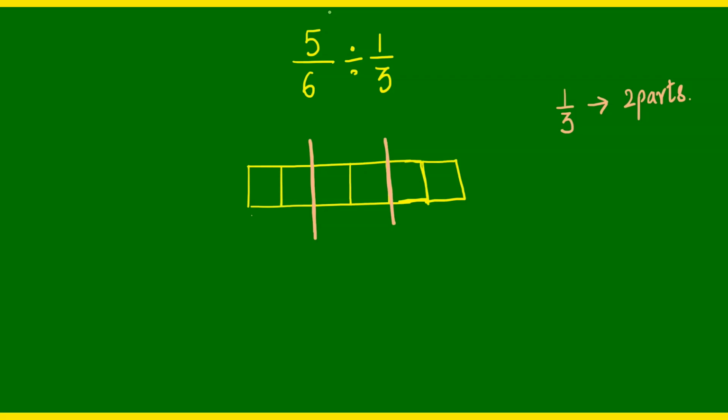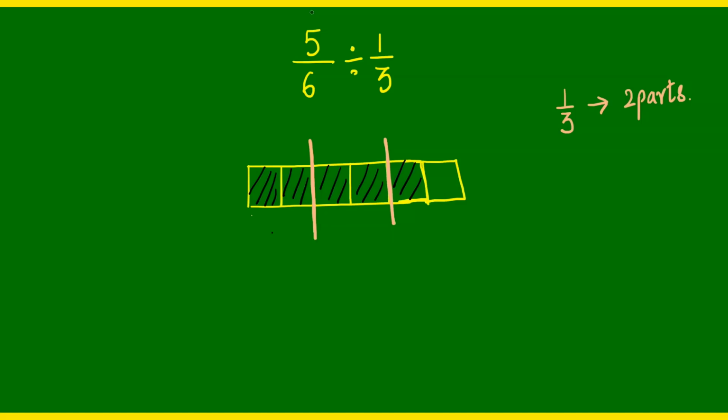Now let us shade 5/6 of the whole in which we are interested. So 5/6 means 5 out of 6. So I am shading the 5 parts with black. Now we knew that 1/3 is made up of 2 parts.